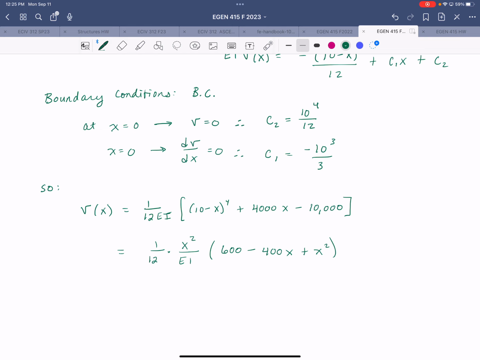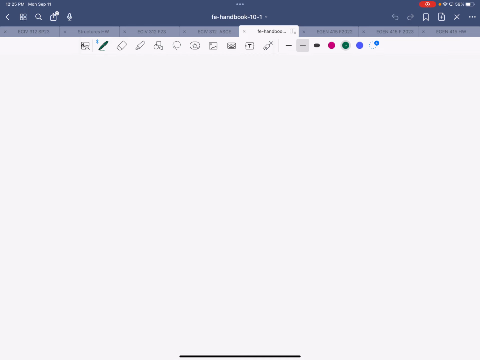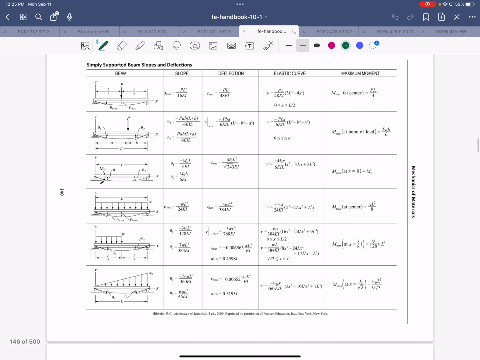Yeah, so before I forget then, since we talked last week about those beam tables, remember when we were looking at superposition and there are all those hard to read beam configurations with slope and deflection equations, right? I did find in the FE handbook, for those of you who haven't taken the FE exam yet, just might be nice to see.